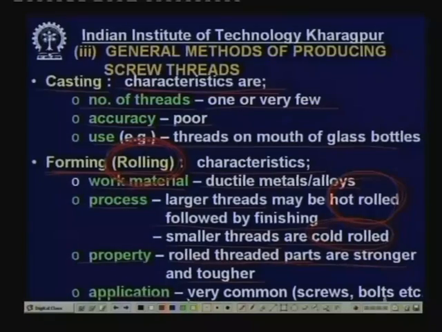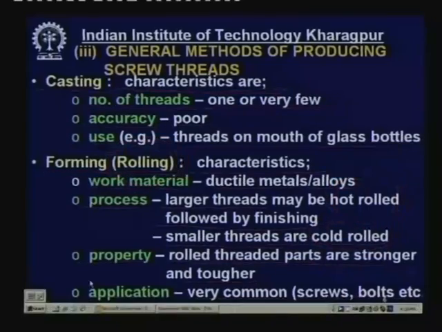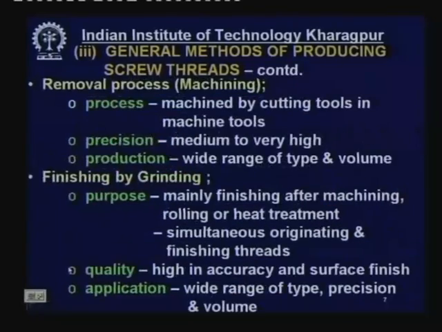Application of rolled threads: it is very common for small components. Large screws or lead screws are not made by rolling. Rolling is used for small components like screws, bolts, etc., and it is very fast in production, unlike machining. Now, what are the other methods of manufacturing threads?